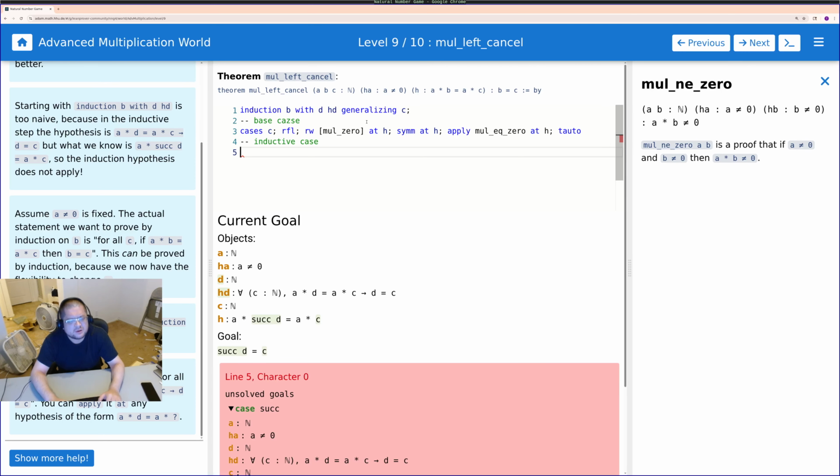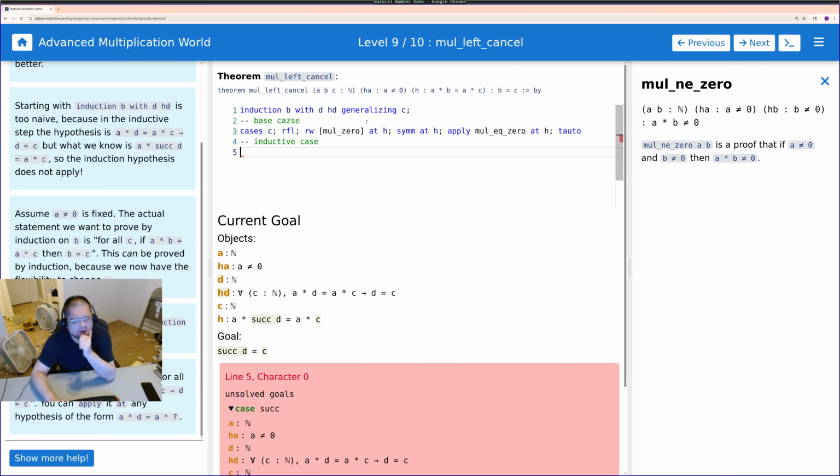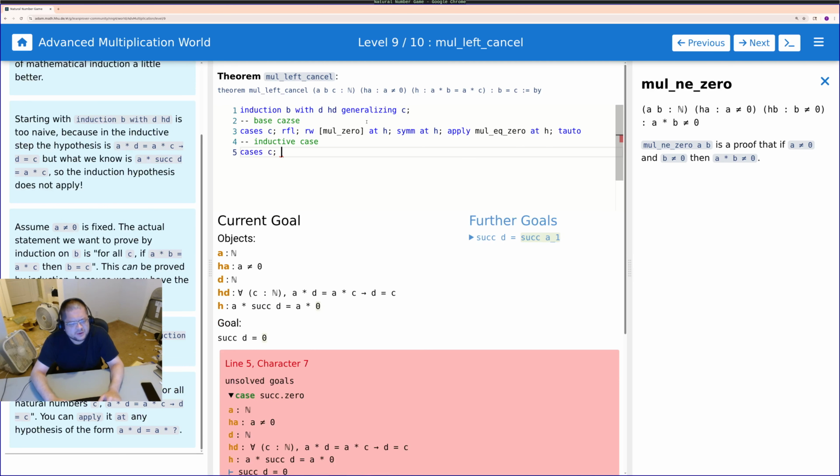What do we want here? Hang on. So inductive base case, inductive case. Successor. Alright, we need to break C up. We need to get a contradiction here.